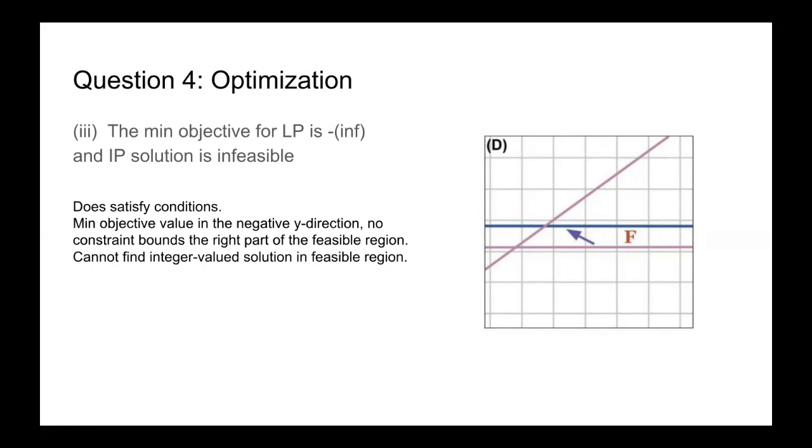Since we can infinitely go in the right direction because it's unbounded, and no constraint bounds the right part of the feasible region, that would lead us to a point where the x value is equal to infinity, which would lead our corresponding cost to be negative infinity. And for the IP solution being infeasible, it is similar reasoning to graph B because we cannot find an integer valued solution in the feasible region.